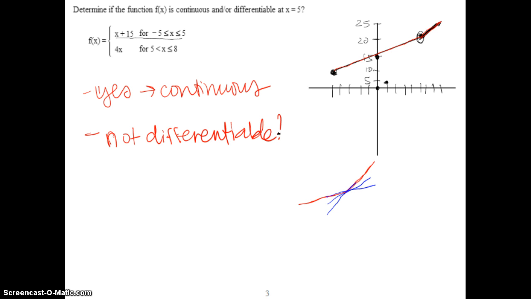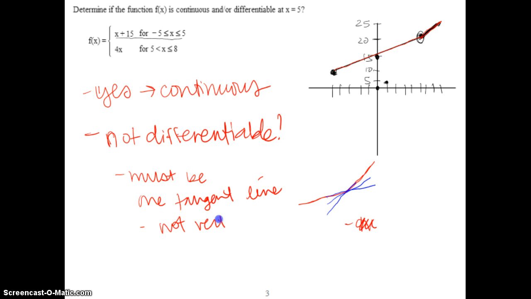Remember, to be differentiable, there must be only one tangent line, and that tangent line cannot be vertical.